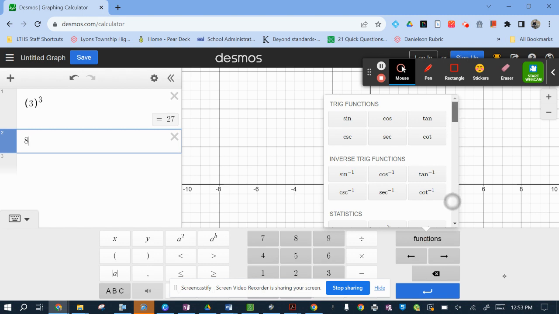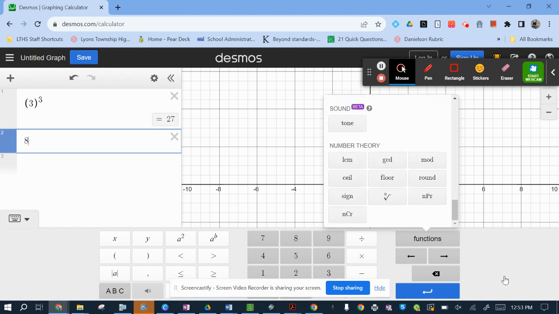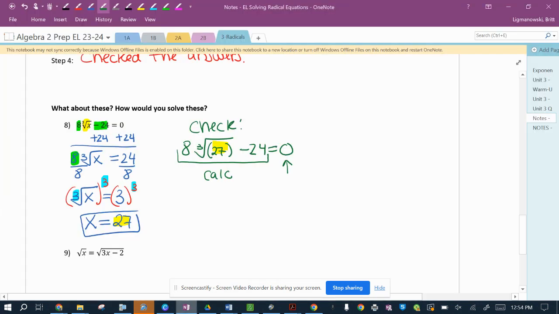We're going to scroll all the way down till we get to here where it says nth root. So I can do the cube root of 27, the raíz cúbica of 27. And then we're going to minus 24, and it equals 0, which is good. That's what we wanted it to equal. So that means this answer is good, and we are done with this problem.